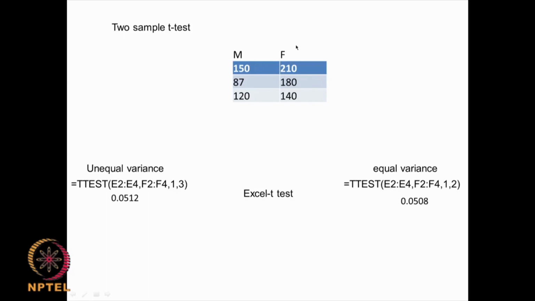Suppose I had groups male, female, infant, then with a 2 sample t test I have to take 2 sets of samples one at a time and perform this type of t test, which is not very comfortable. Also, the t test looks at means, whereas the F test looks at variance also. We will continue with more problems as we go along, in the course of the next class as well.